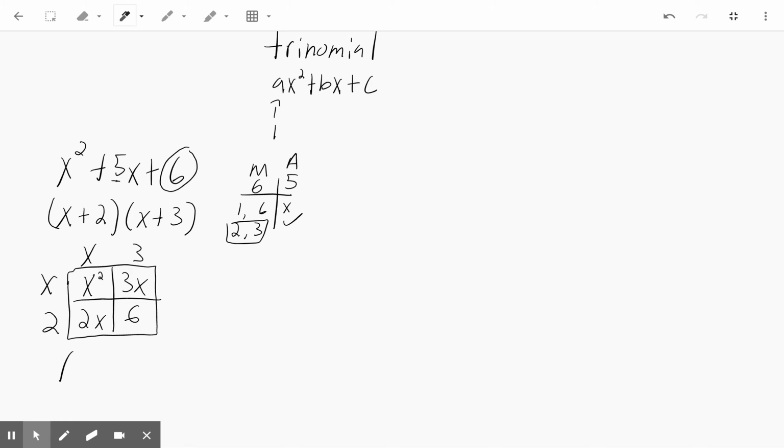That leaves us with x squared plus 5x plus 6. And if we look, that's the very same thing that we started with, which is what we want, because factored form and simplest form should give us the same thing. So this is simplest form, and this one is factored form.